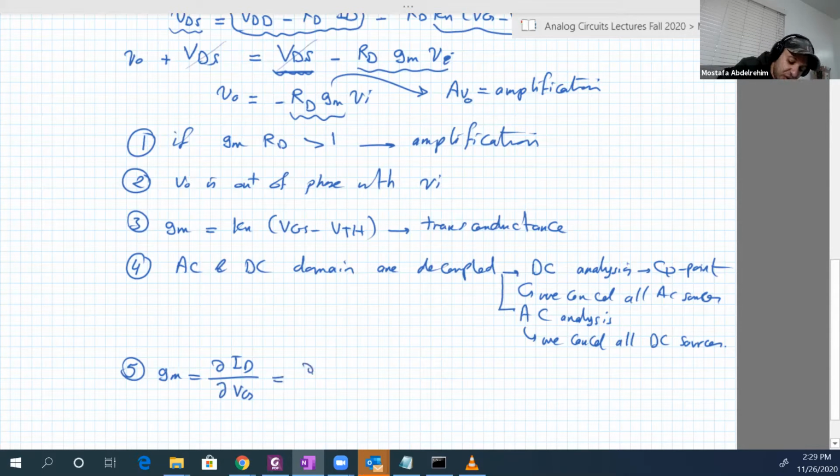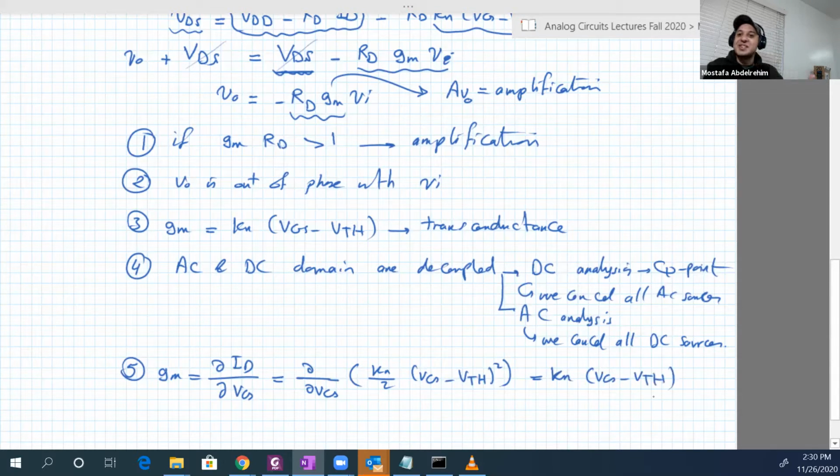So what is ID? It is Kn over 2 times (VGS minus V threshold) squared. What is the derivative of that? The 2 will come down, and we multiply by Kn over 2, so it will be Kn (VGS minus V threshold). So this is another derivation for it. We derived it first from the circuit analysis, then by the formal definition, and of course both should give the same result.